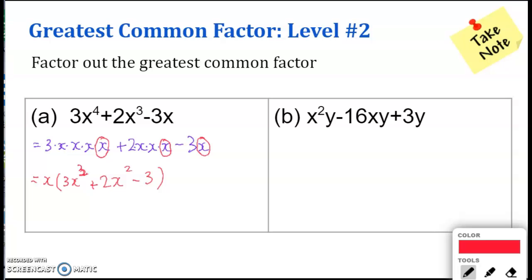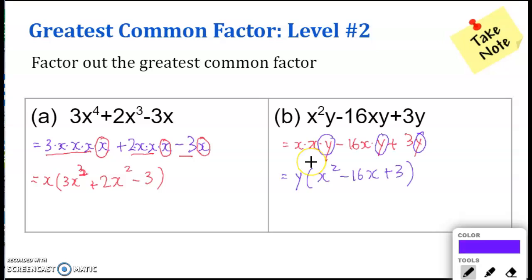So I take x out, and you're left with 3x times x times x, which is 3x cubed, and then 2, you've taken out x, so you're left with 2x times x, which is 2x squared, and then minus 3. And again, you can multiply it out using the distributive method to make sure that your answer is correct. For the second problem, x squared y is x times y, and minus 16xy is 16 times x times y, and 3y is just 3 times y.